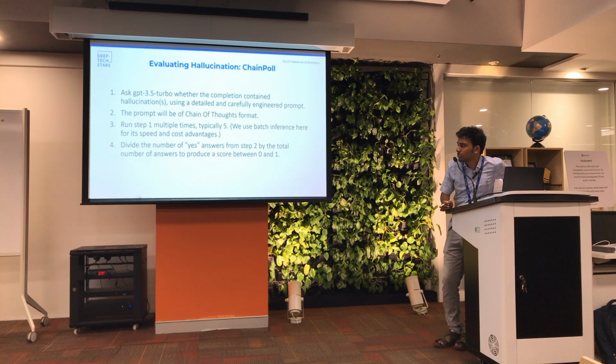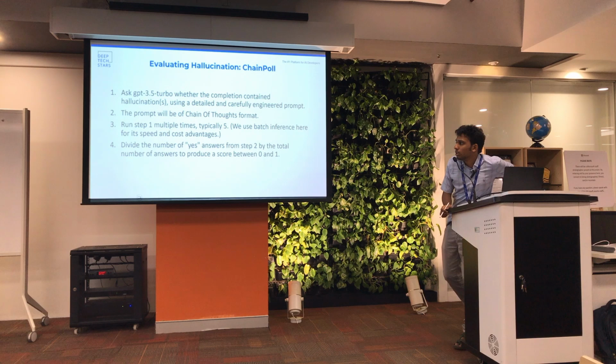The prompt will be in chain of thought format. You will ask the model to go through every step, like how to think to get to an output, and we'll run these steps multiple times.